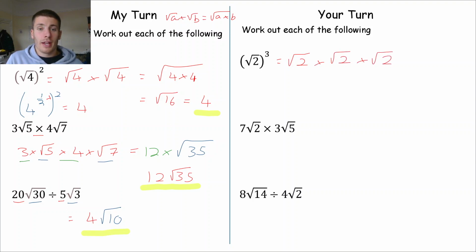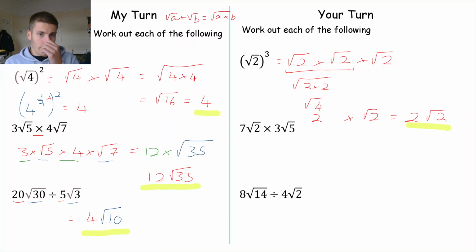So if we look at the first 2 surds, we can write this as root 2 times by 2, which is equal to root 4, which is 2. So root 2 times by root 2 is 2, and you're timesing this by root 2. So you've got 2 times by root 2, which is simply equal to 2 root 2. And this is your answer.